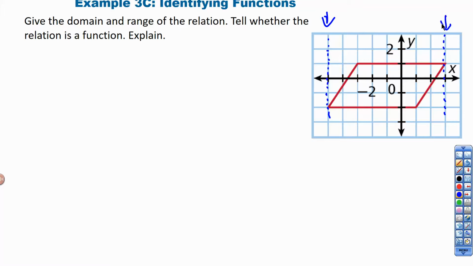Domain. Why the domain? Because you go left to right to get to the lines. So what is our smallest x? -5.